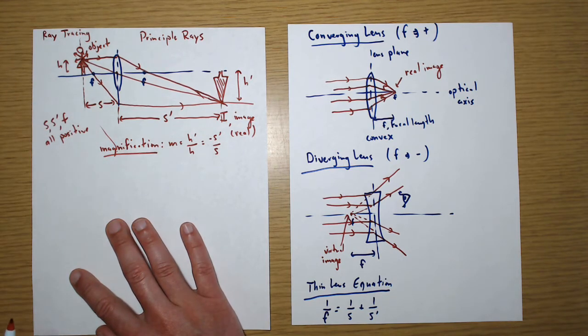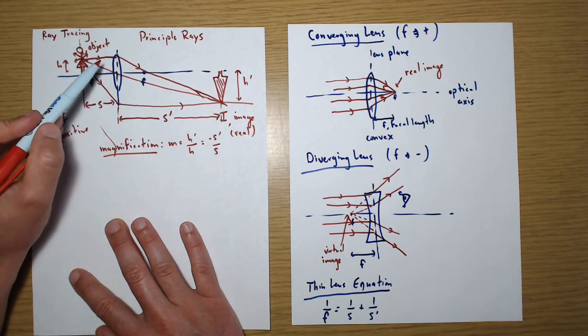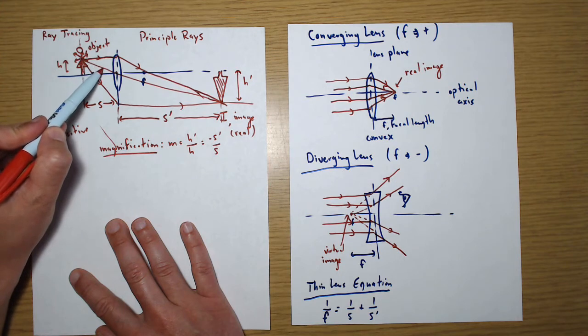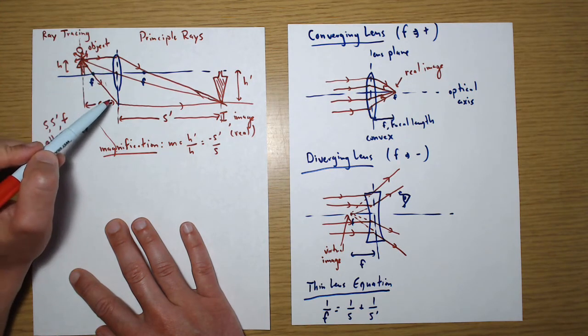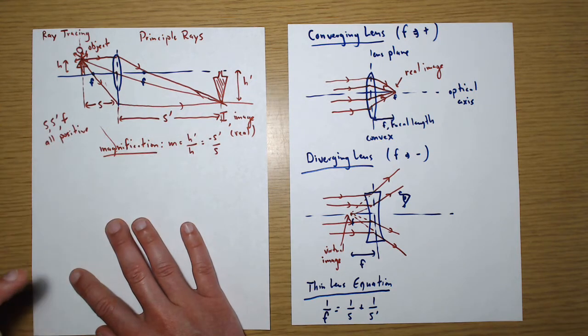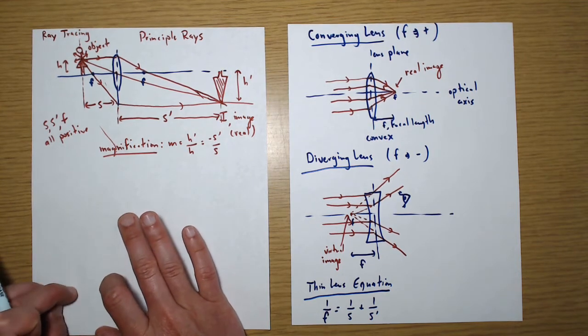Okay, so other rays do exist, but we just don't sketch them. The image is formed not by simply the principal rays, but a whole range of rays that go through the lens, an infinite number. But the principal rays are the ones that are easy to draw, which allow us to determine where the image is, and that's why we draw them and not others.